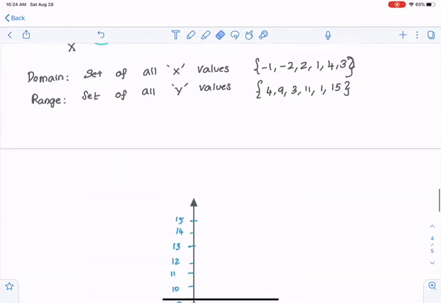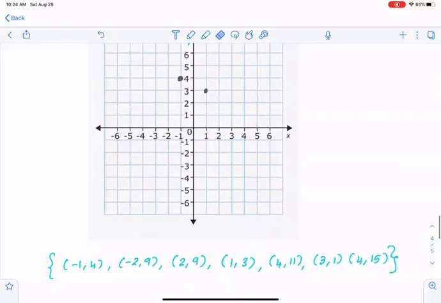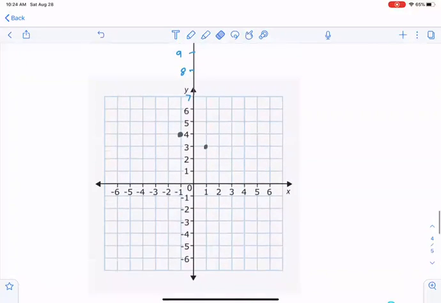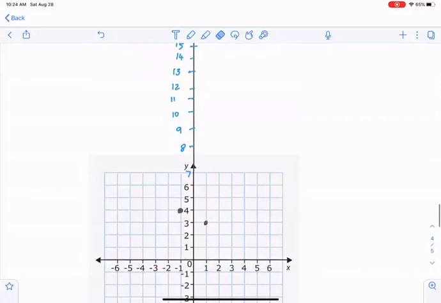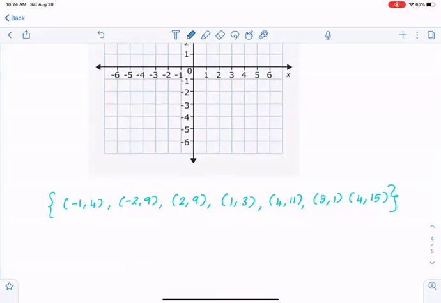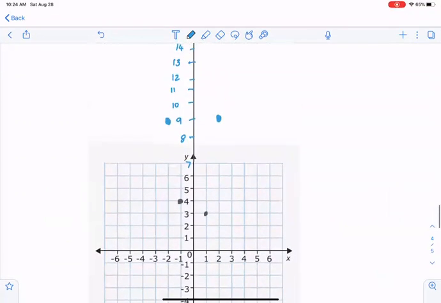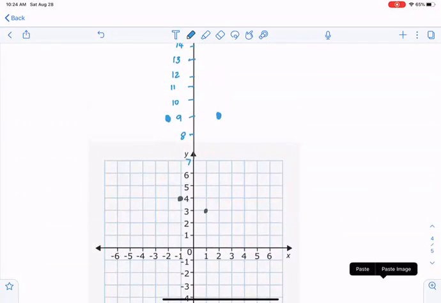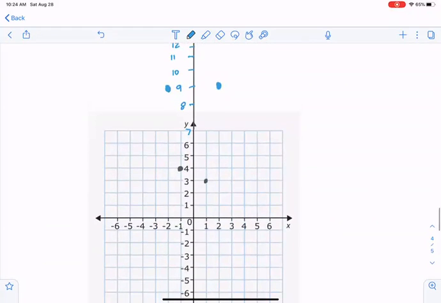So the next one that we had, -2 goes to 9, +2 goes to 9. So 9's way up there. So I'm going to put a point here and 1 there. 1 is going to 3, 4 is going to 11. So I already marked 1 to 3.